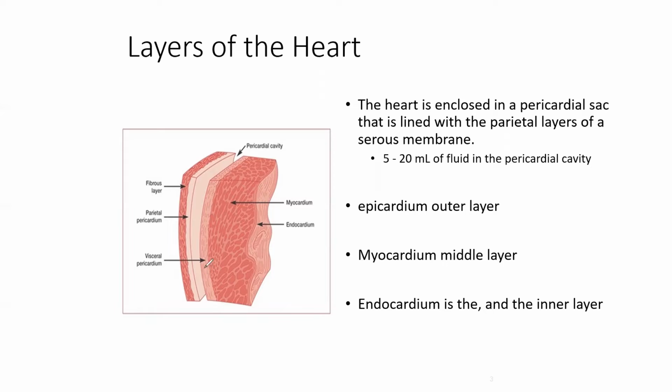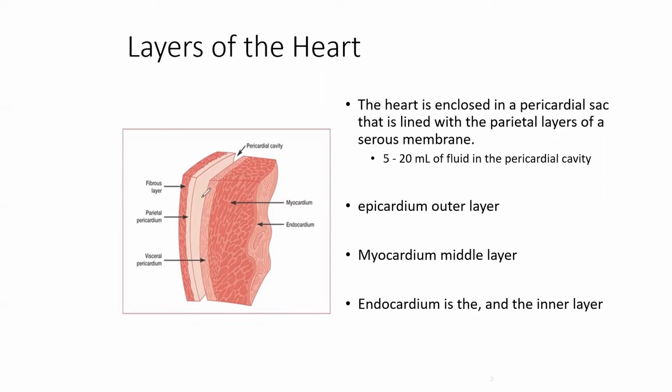Another name they use for the visceral pericardium is the epicardium, the outer layer. So this is a sac that the heart is enclosed in. This is the visceral pericardium, also known as the epicardium layer. In between these layers, you will have this space, which is called the pericardial cavity.